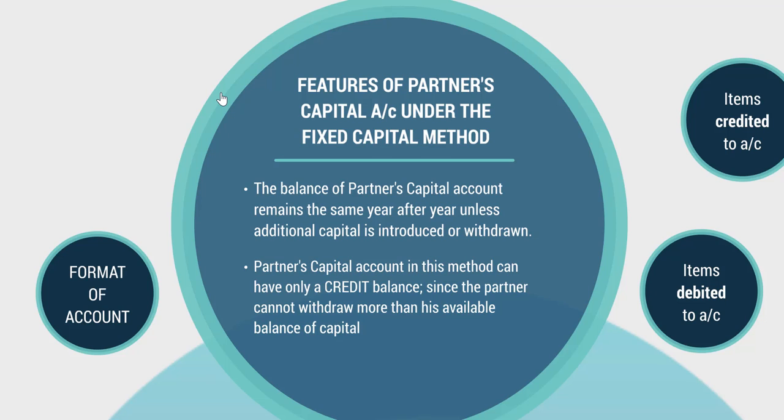Also, the partner's capital account in this method can have only a credit balance. The reason is that the partner cannot withdraw more than his available balance of capital. I'll discuss these two features in detail when I come to the format of the account.